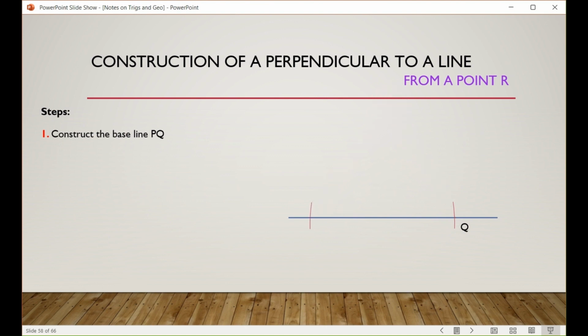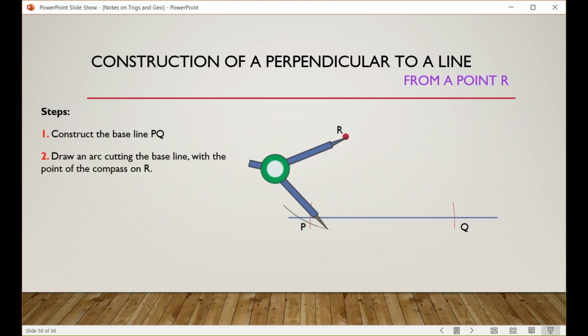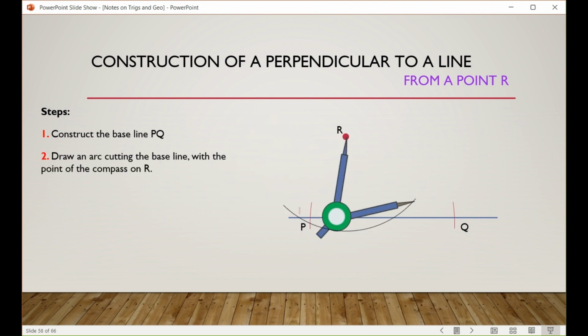Now that we have PQ, let's imagine we have a point R, and from R we're going to draw a radius. Now we open our compass to any length, it doesn't matter, and scribe an arc that intersects the baseline, the line that we want to draw the perpendicular to. Let's call the points of intersection 1 and 2.